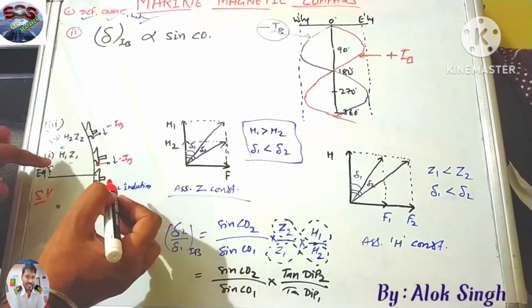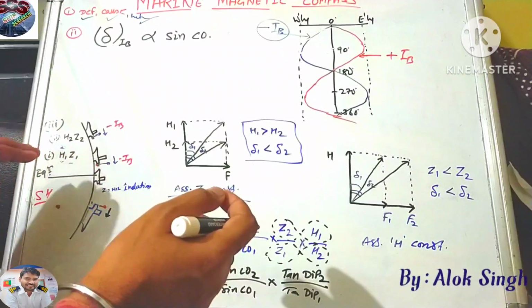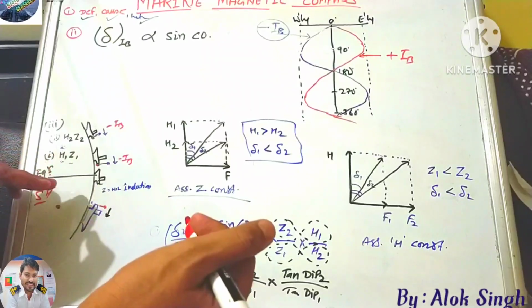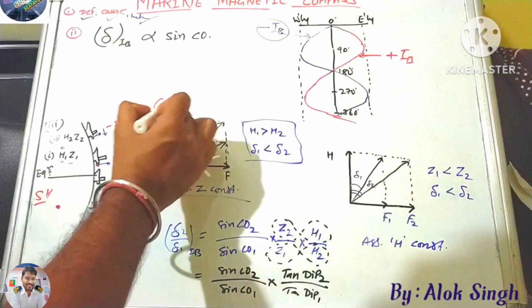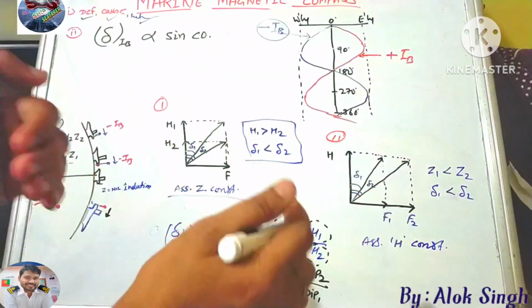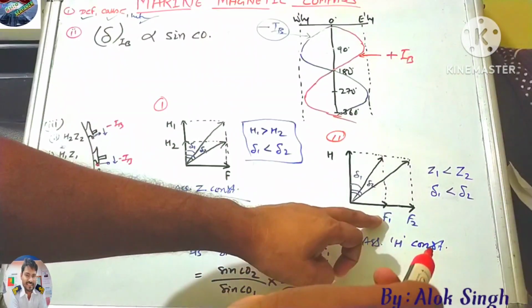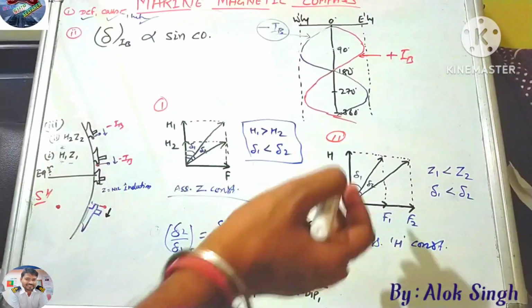So this is because of our H and Z. Both H and Z are induced magnetic fields, and both vary at various locations from equator to pole. That's why we have to consider two cases, and in both cases we have to assume one thing, because we have three variables here: the force because of H, the force because of Z, and the horizontal force.